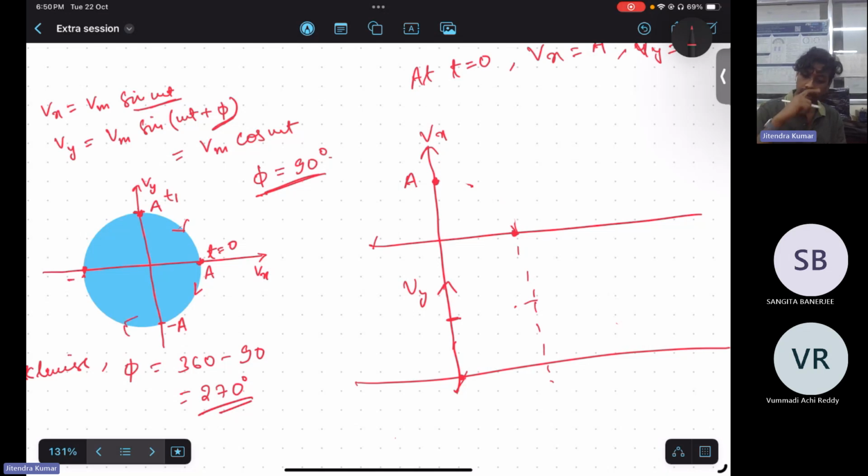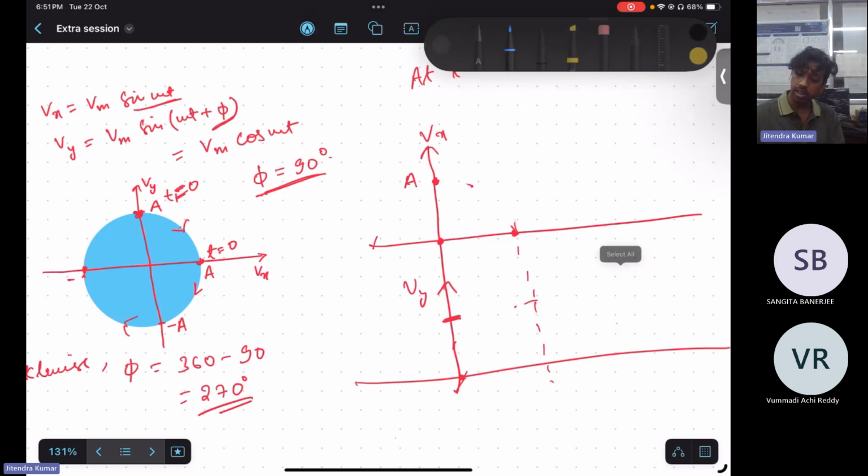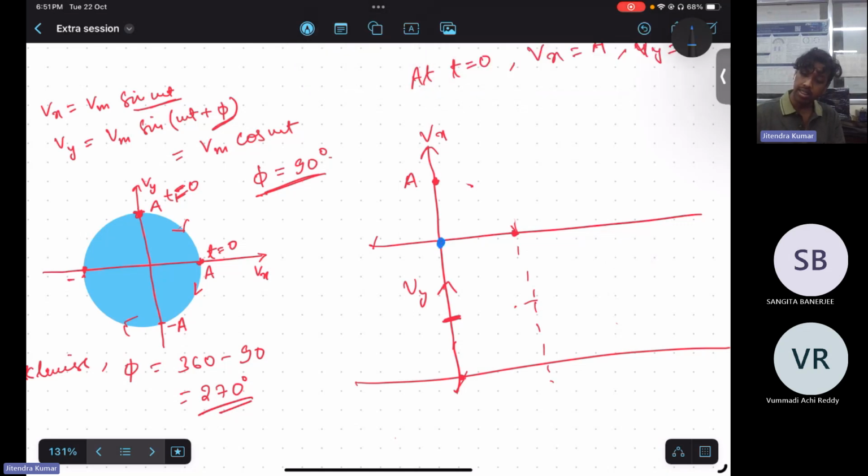We have to move according to the clockwise direction, but you can start from any point. So take this point at t is equal to 0. At t is equal to 0, Vy is maximum and Vx is 0. So Vx is at this point, Vy is at this point.